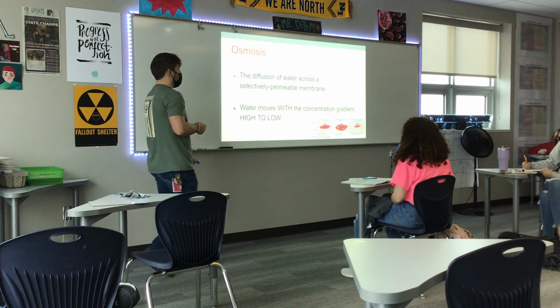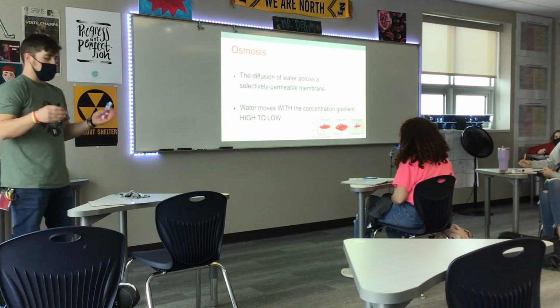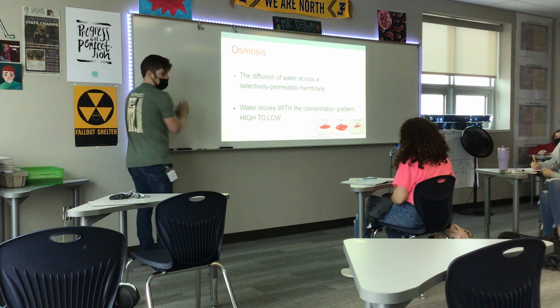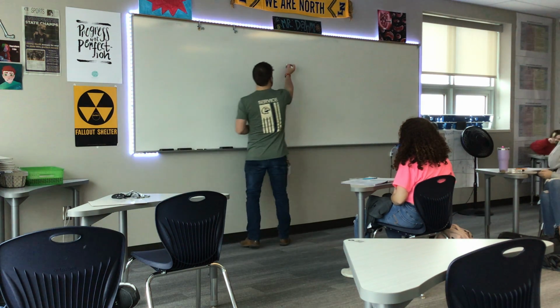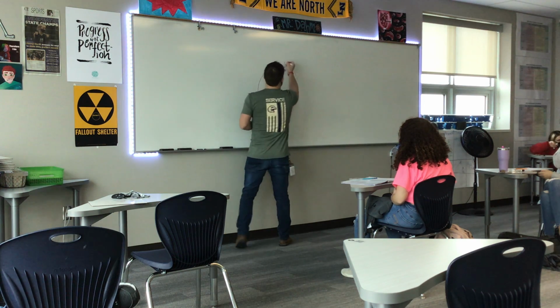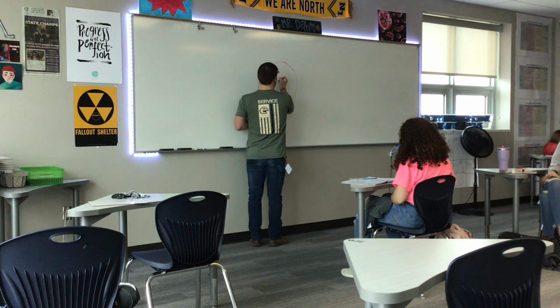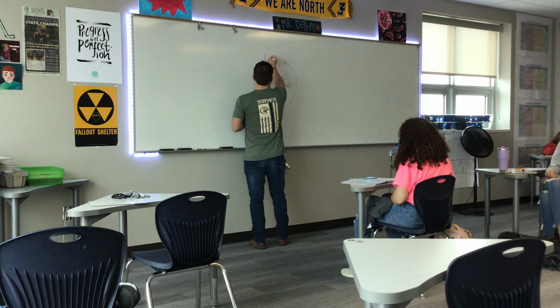And that water will always move with the concentration gradient, high to low. One thing I want to address before we jump into that is this idea of concentration. For the examples I'm going to do right now, I'm going to assume that there are 3 water molecules inside and outside of my cell.